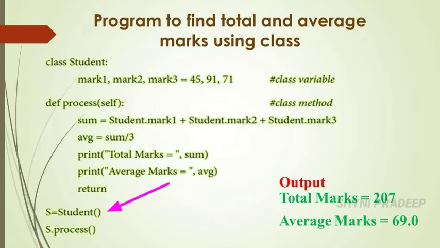Now the object S is created and next S dot process of, which means we are calling that process function. Okay. So you will get the output. Total marks sum. What is the sum? 207. And next average is what? Sum divided by 3, which means 69.0. Okay. This is the output.